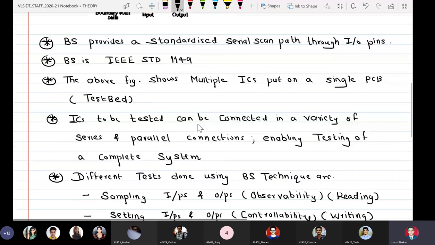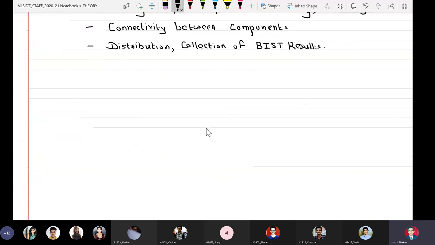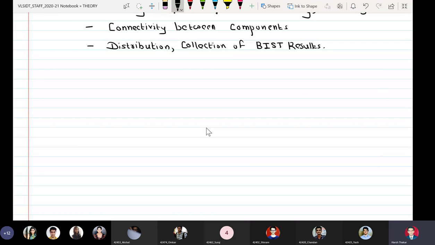Okay. Now we have another figure which helps us to understand things better.